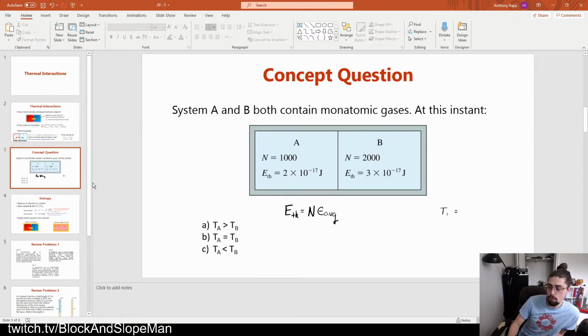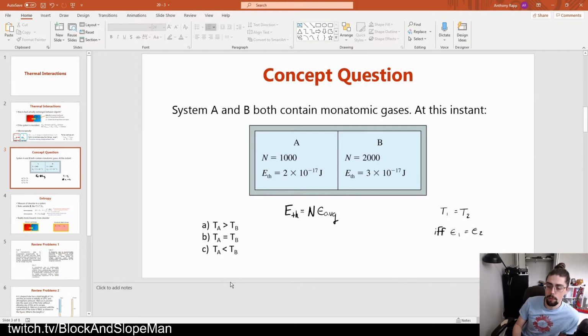T1 is equal to T2 if and only if the average energy of 1 is equal to the average energy of 2. So really, we can rewrite these answers as average energy of A is greater than B, equal to B, or less than B.